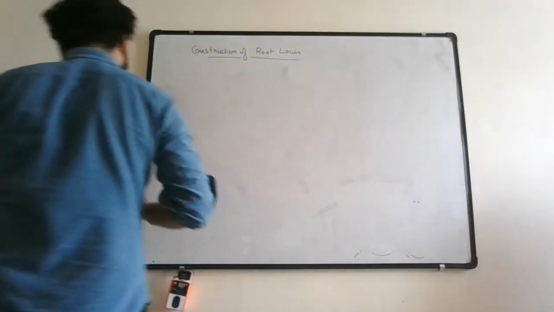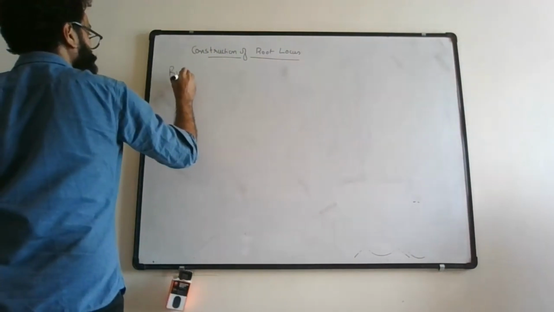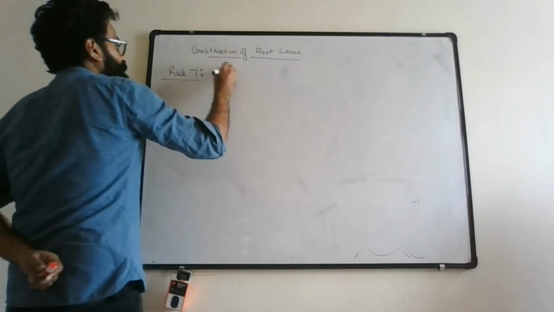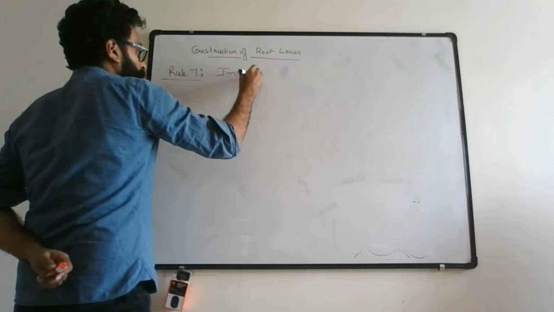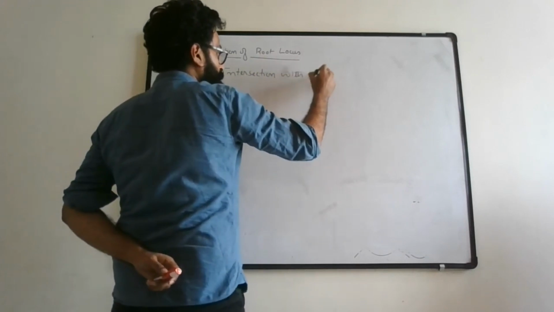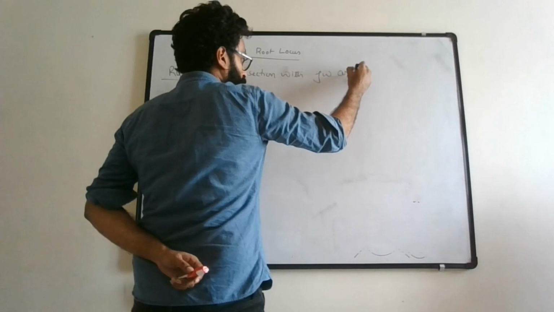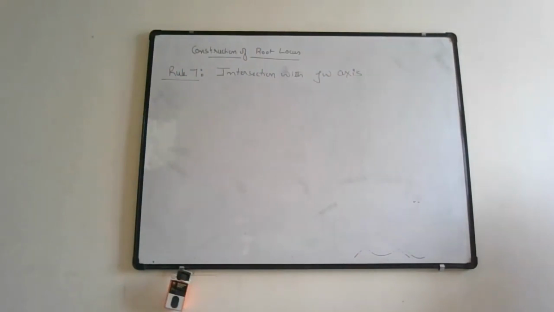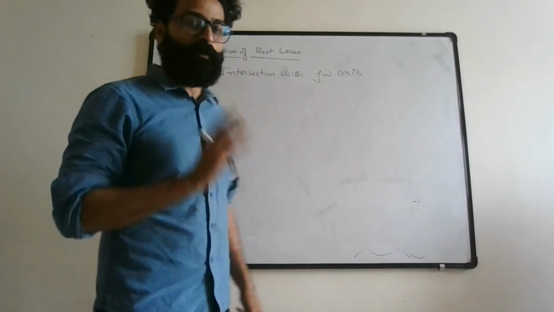Then we have rule number 7. Rule number 7 is intersection with the j omega axis. Now, intersection with the j omega axis, somewhere we have heard.